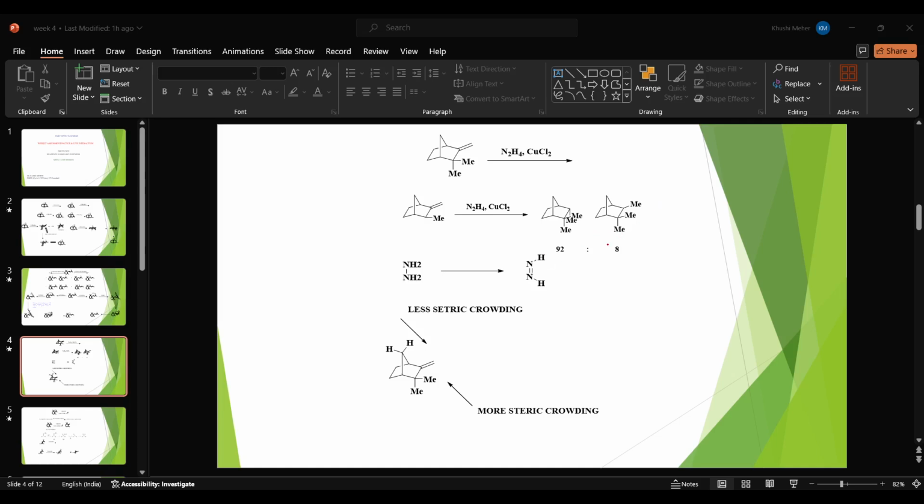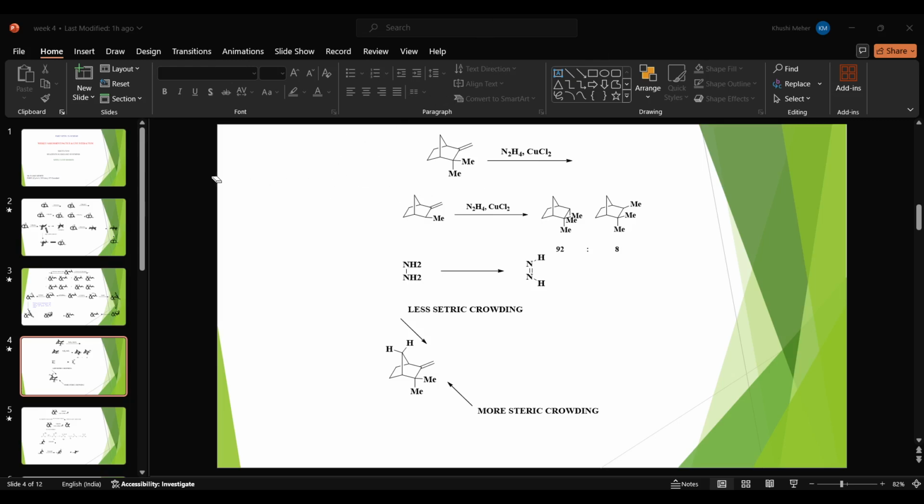That is the beauty of the asymmetric Sharpless epoxidation reaction. That is the only reason he got the Nobel Prize. Even nowadays you may be able to predict, but it will not be 100% sure. So once you get the product, then you can explain how you got it. But with the Sharpless epoxidation, that is the beauty of the reaction.